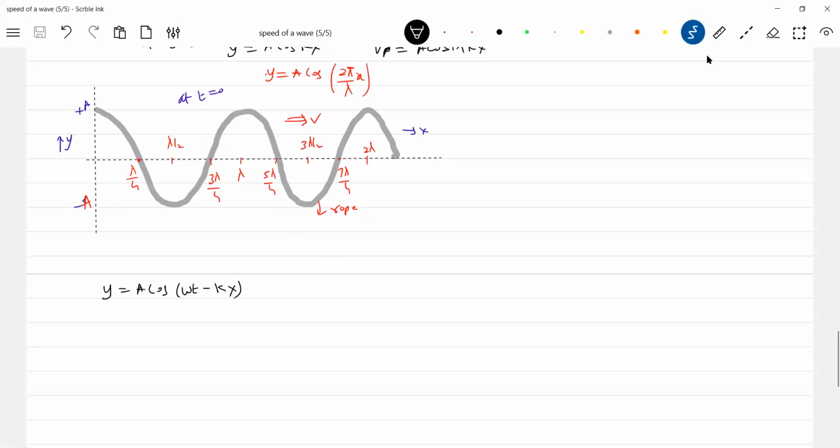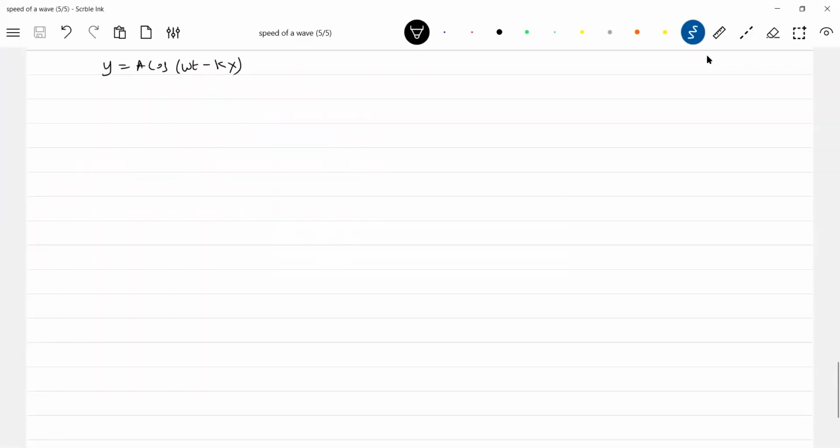Y equal to a cos omega t minus kx here. We'll differentiate this. Speed of particle will be minus a omega sine omega t minus kx.